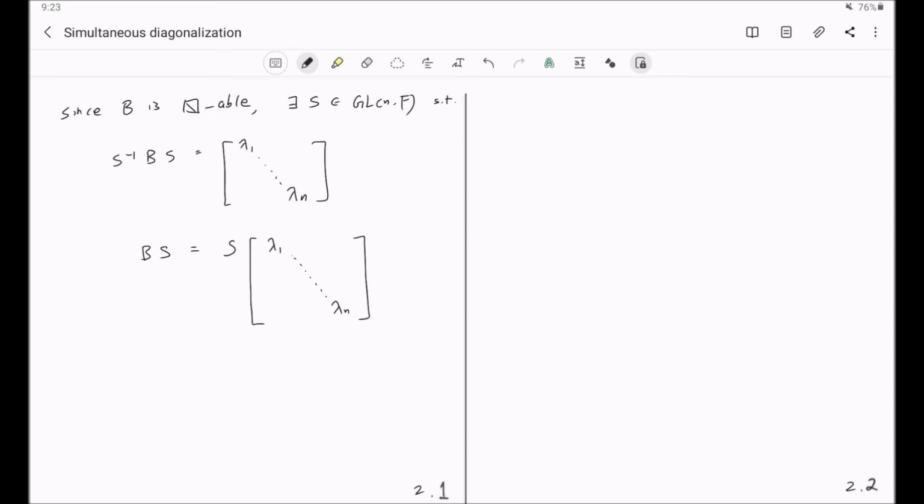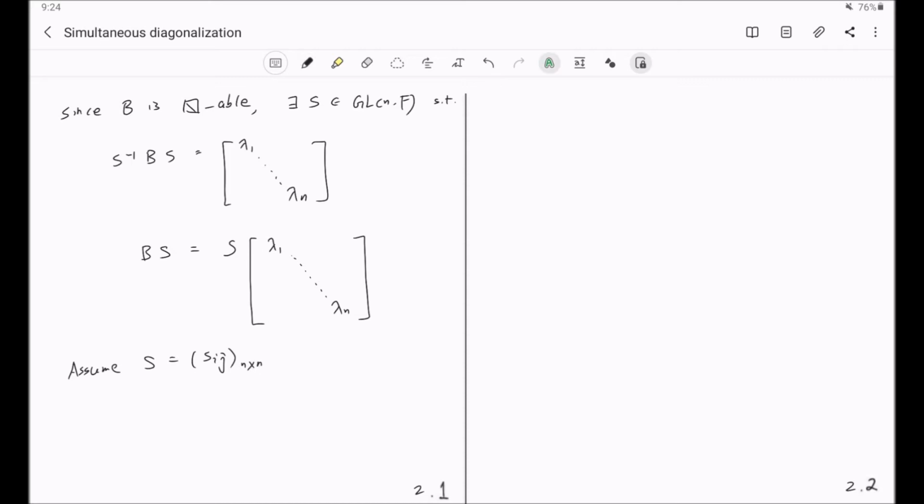Now assume S has entries denoted S sub ij. Remember, S is an n by n matrix.